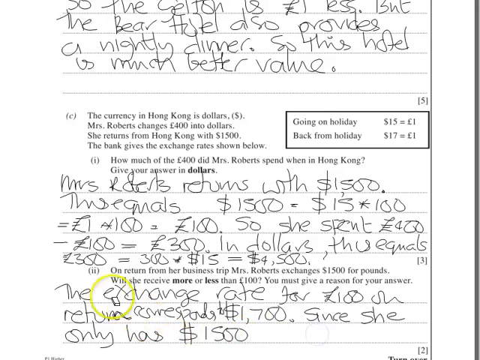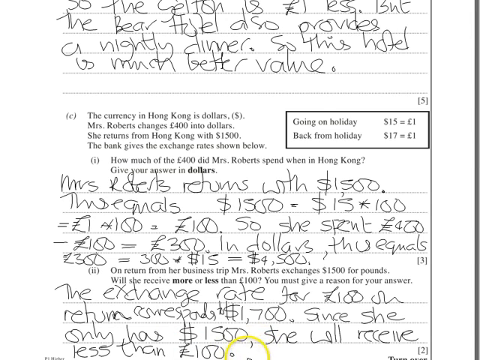Since she only has $1,500, she will receive less than £100, won't she? Okay then, that's that one done. My writing's so big that I can't explain it more than that really, with what I'm writing with this digital pen. But I think that will suffice.